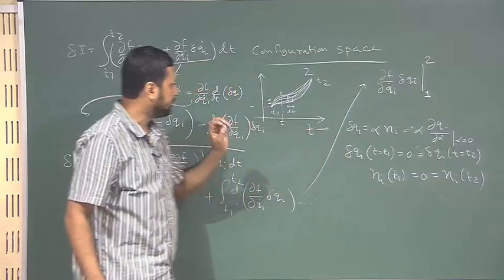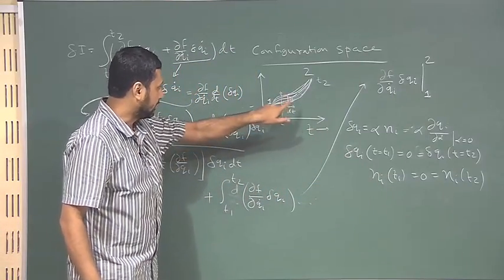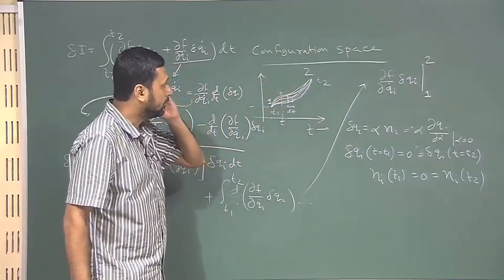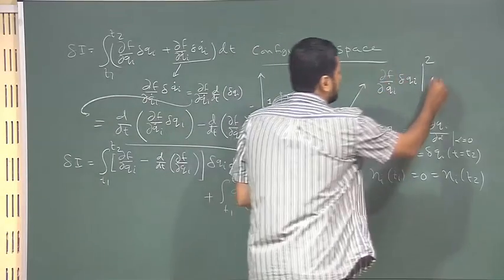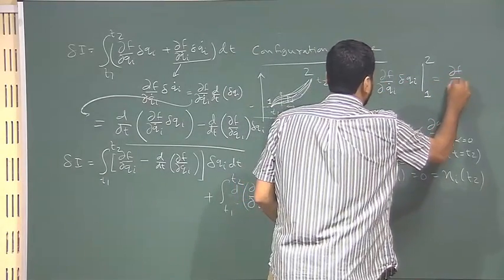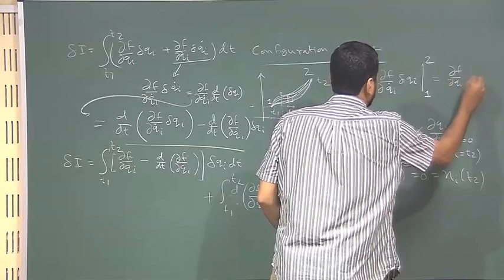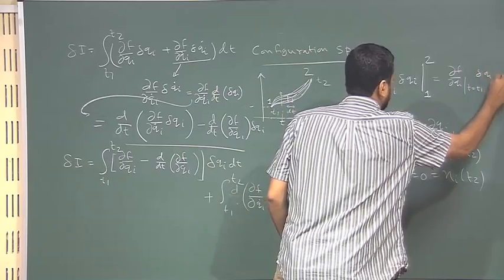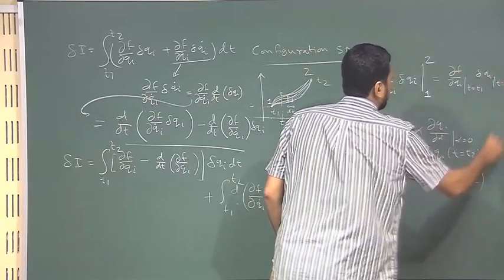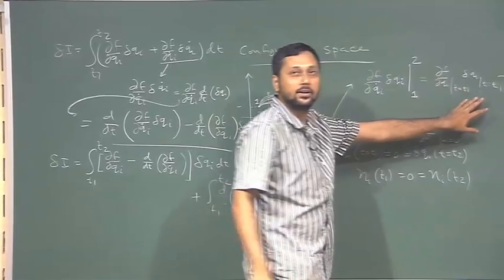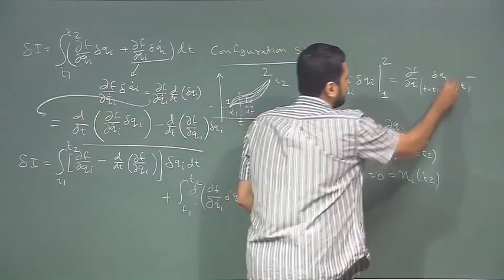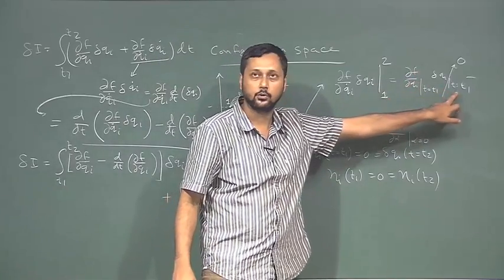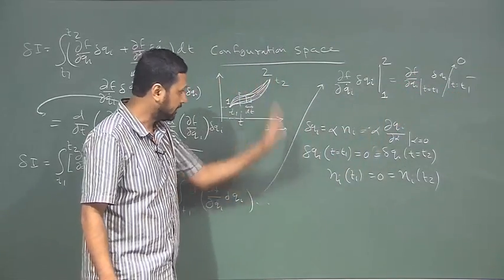So, there is no variation in the parameters at the starting and the end point. Now, if this is the case, this will be del f del q y dot evaluated at t equal to t1 times delta q y evaluated at t1, minus the same thing evaluated at t equal to t2, but this is equal to 0, and the second term, delta q y evaluated at t2, will also be equal to 0. And this is how the variation is defined.